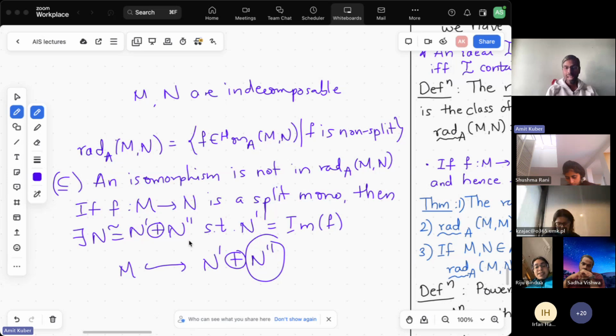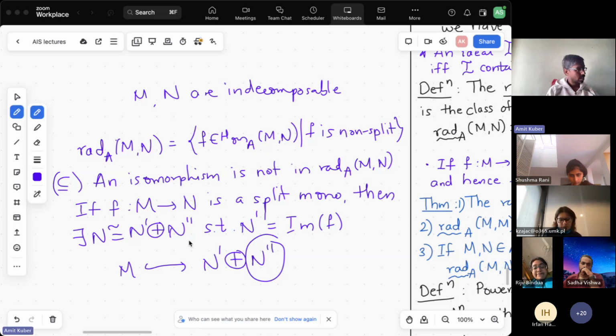It can't be a split epi unless it is an isomorphism. So we have shown that the radical is contained inside all these morphisms. For the other one, the proof is a bit long, and because it's already 3:31, we will open with that proof for the reverse inclusion next time.